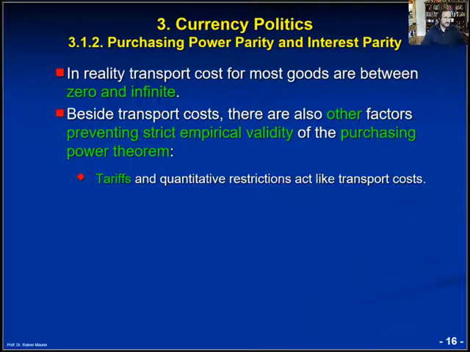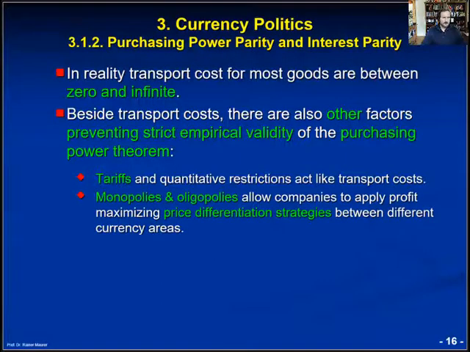For example, tariffs and quantitative restrictions can also prevent trade and will therefore act like transport costs, or monopolies or oligopolies allow companies to apply profit maximizing price differentiation strategies between different currency areas, which will also prevent the purchasing power parity theorem from holding exactly.